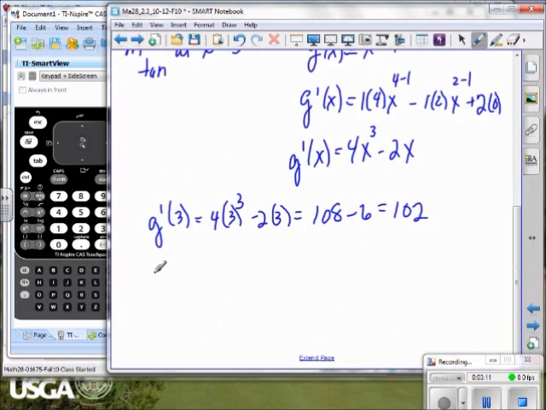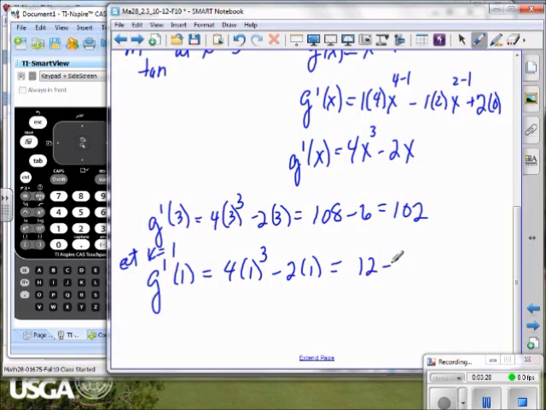Well, let's take a look at where x is 1. So now I have 4 times 1 cubed minus 2 times 1. So I've got 12 minus 2 is, am I doing this right, 10?